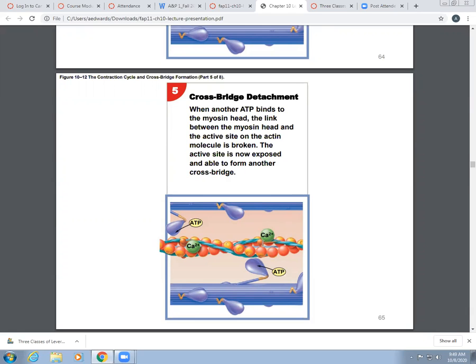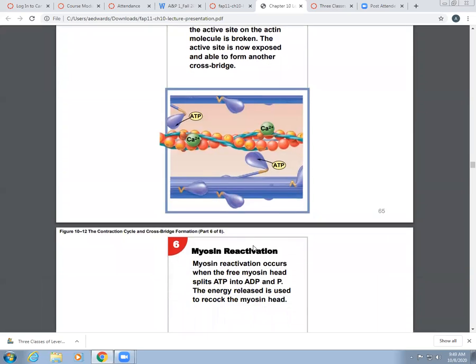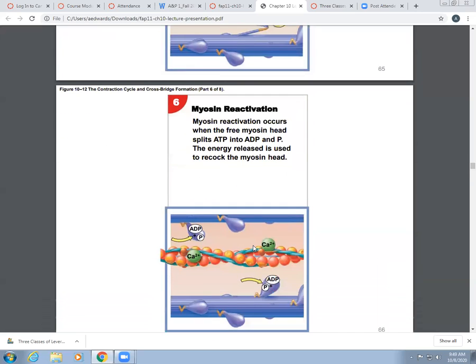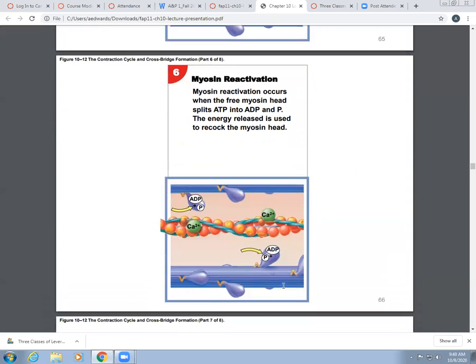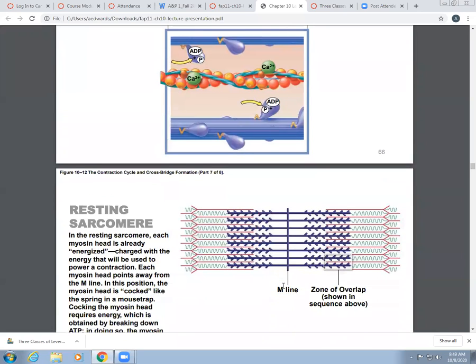And it's still exposed because you still have calcium bound to the troponin-tropomyosin complex. All right, then you reactivate the myosin by bringing it back to its original position.